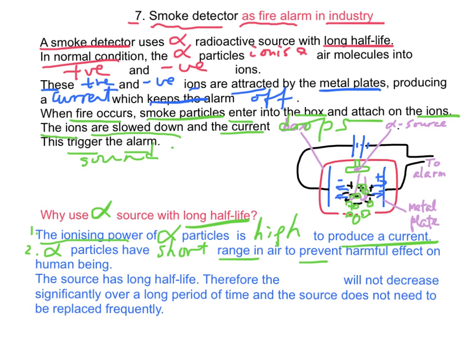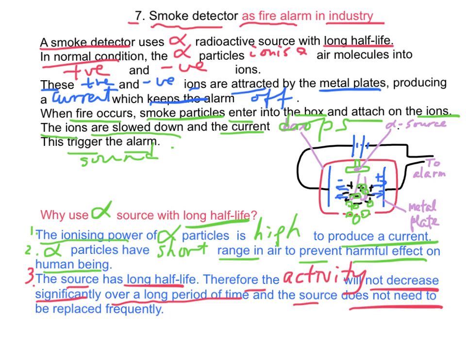This will prevent harmful effects on human body. Also, the source has long half-life. Therefore, the activity will not decrease significantly over a long period of time, and the source does not need to be replaced frequently.